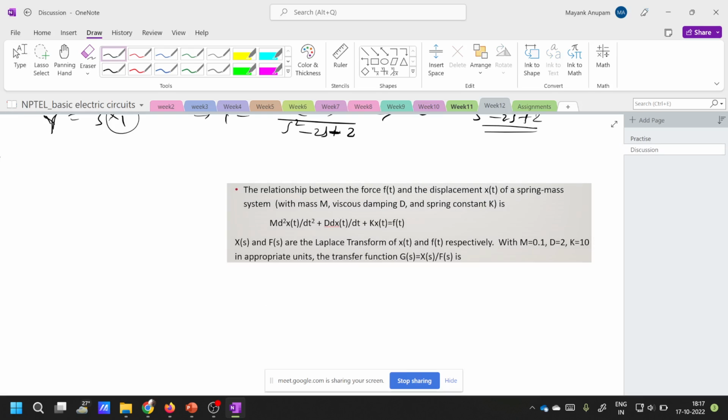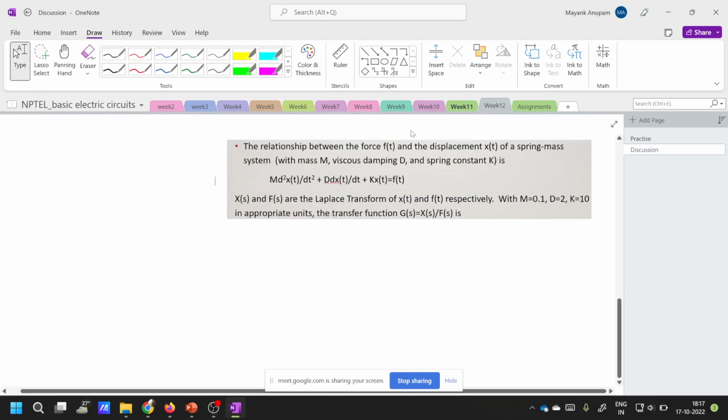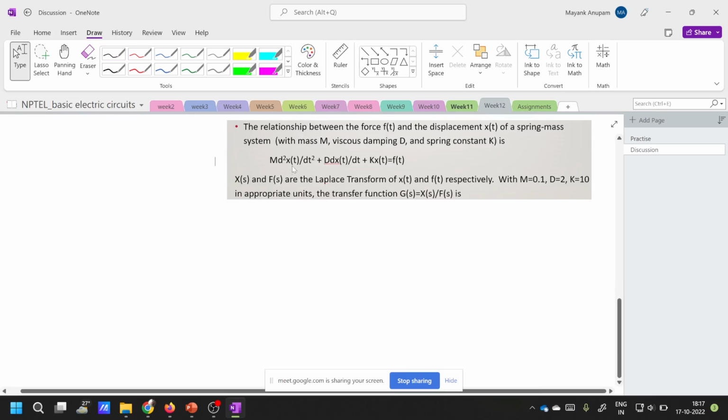So what is given in this question is the relationship between force F of t and displacement, right? If X of s and F of s are the Laplace transform of x of t and F of t respectively, then with these given parameters, can you find the transfer function G of s, X of s by F of s? So yeah, we can do that.